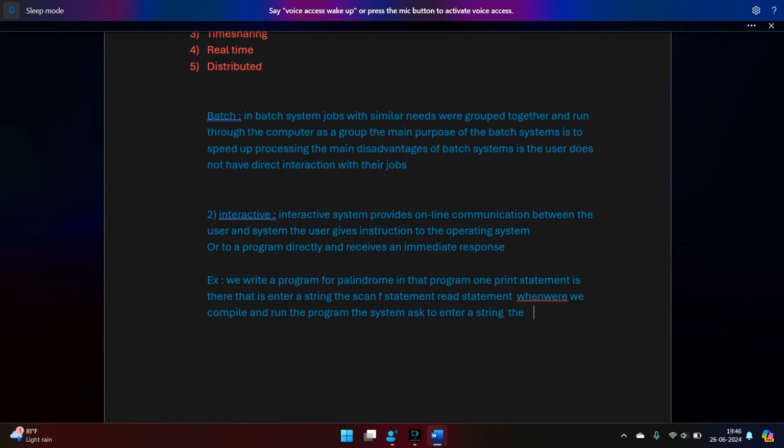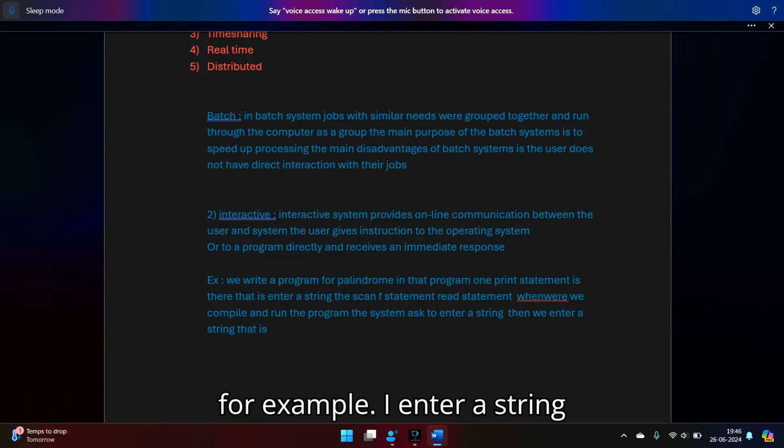Then we enter a string, for example, Anil Codecraft Solutions.